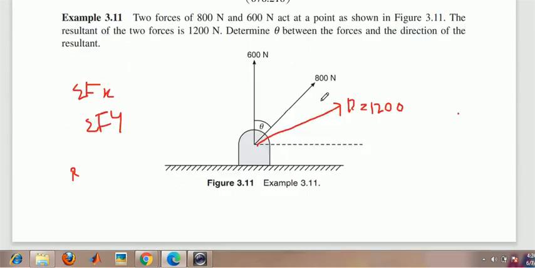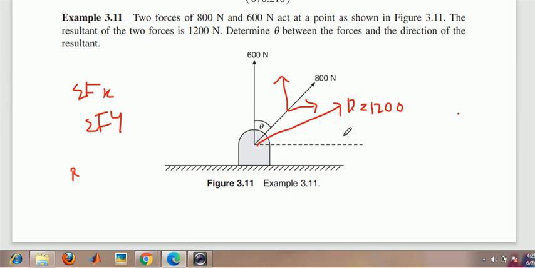Now for summation of Fx, how many horizontal forces are there in this given problem? None, leaving aside the resultant. Only one vertical force is there and an inclined force is there.